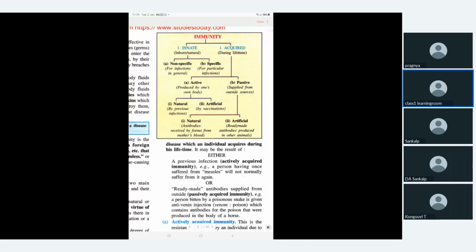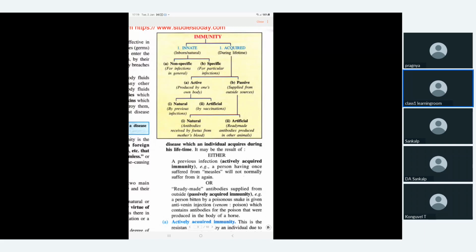Specific means, for example, E. coli and the action is specific. If it is Mycobacterium tuberculosis causing TB infection, the immunity is very specific. So that's about natural immunity.